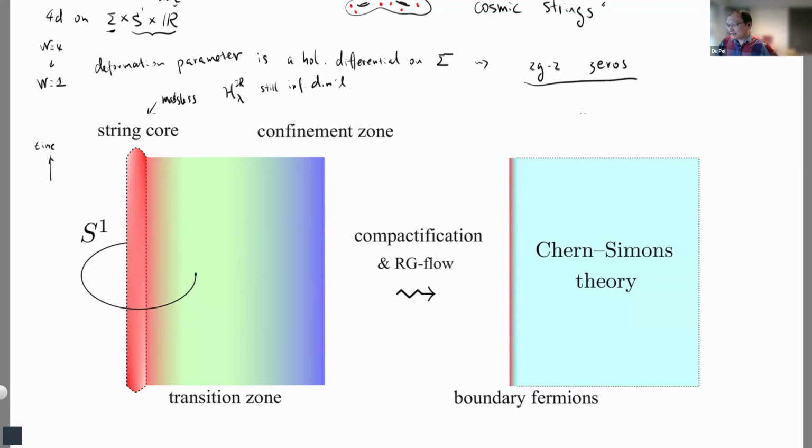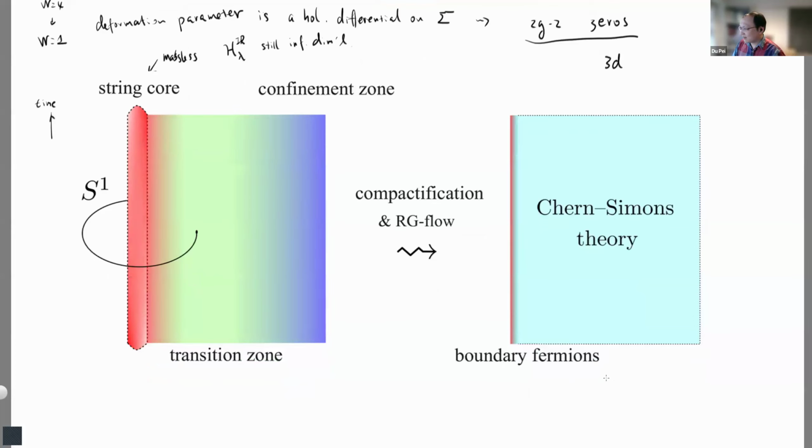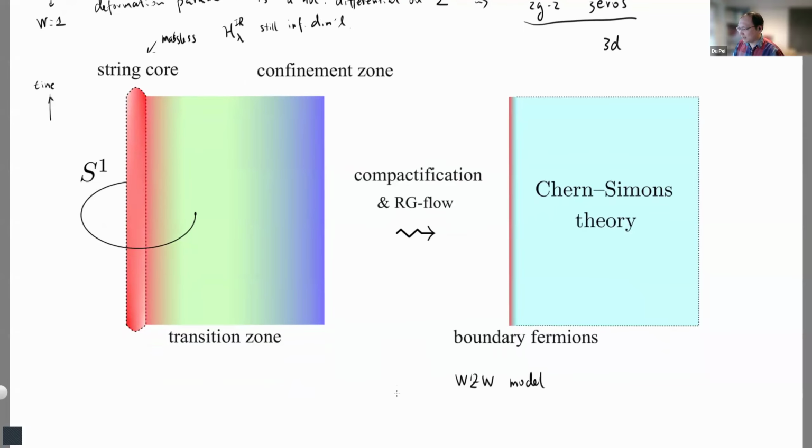The bulk 4D theory now becomes 3D. And at low energy, it actually becomes the Chern-Simons theory with gauge group G. And then there are some massless degrees of freedom, but one can argue physically that these are just some boundary fermions. One can either view them as boundary free fermions, or WZW models. Those are related by bosonization, so it's not a big difference.